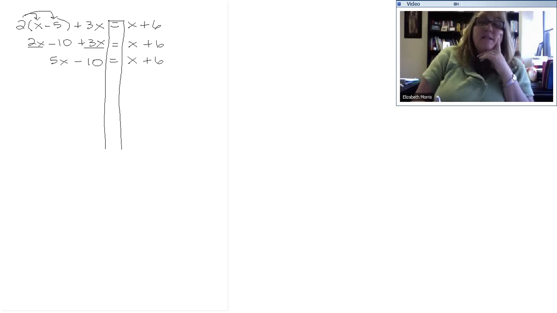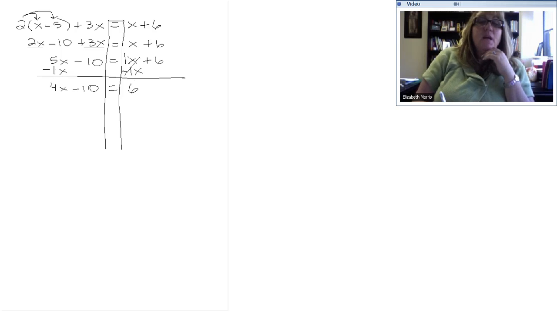Now, as it stands, this is a 1x, and it's being added, or it's a positive 1x. So to move it, I'm going to subtract it because 1x minus 1x is gone, so I only have 6 left on this side, and 5x minus 1x is 4x.